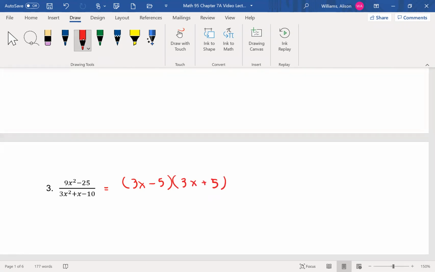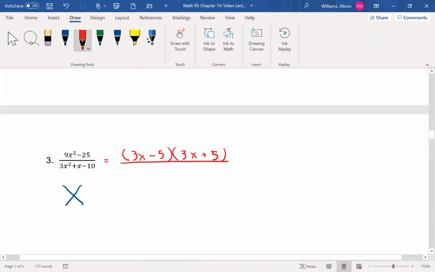In the denominator, to factor that, I'm going to have to use the x method. However, I actually don't get to use my shortcut this time because the a value here is 1. I'm sorry, it is 3, not 1. So I can't use my shortcut. I'm going to have to go the long way. That's okay. At the top of the x is going to be 3 times -10, which is -30.